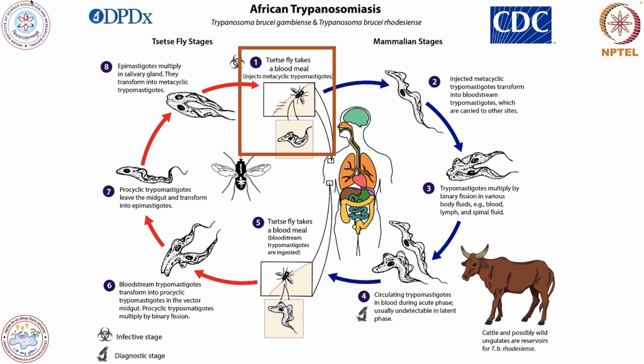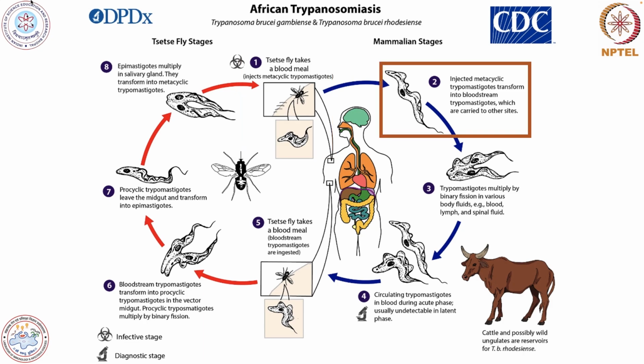Here you can see the insect injecting the trypomastigotes into skin tissue. The parasite enters the lymphatic system and passes into the bloodstream. Inside the host, they transform into bloodstream trypomastigotes.